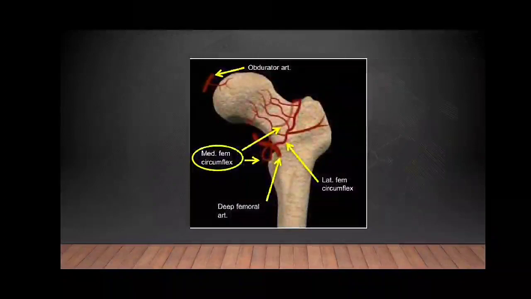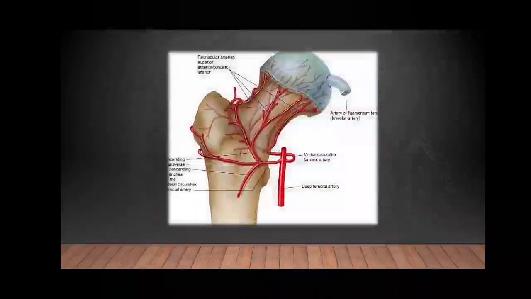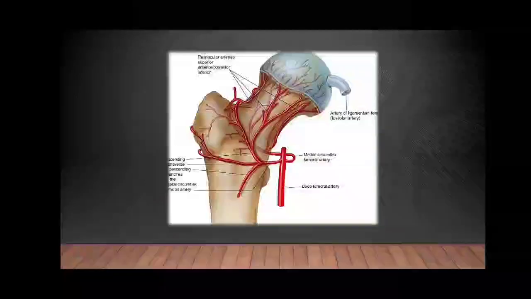Any injury to the capsule can lacerate these vessels and lead to complications such as non-union and avascular necrosis. You can see these retinacular vessels going anteriorly, posteriorly and inferiorly, whereas the foveolar artery, or artery of the ligamentum teres, is a rudimentary branch of the obturator artery, and its blood supply is important in children.